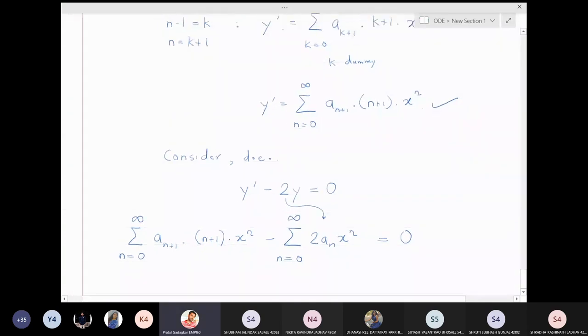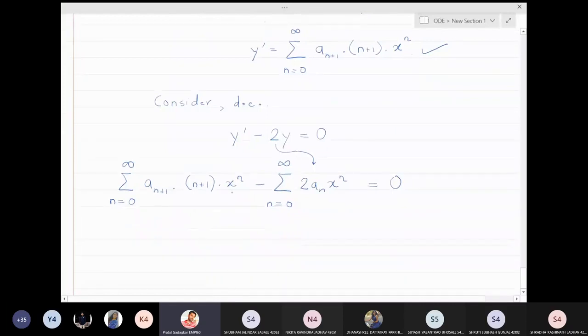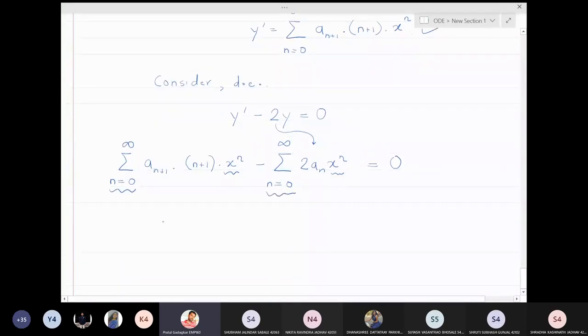Okay, because y was summation a n x power n. Now I see that this x power n is here in both of them. The summation limits are also the same. So I can make this summation a compact form, n equal to 0 to infinity, with a n x power n outside.